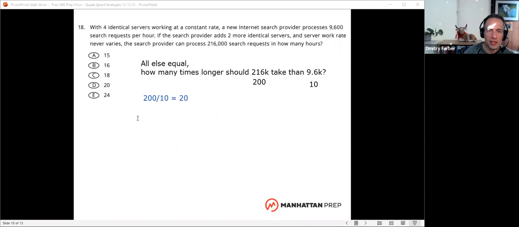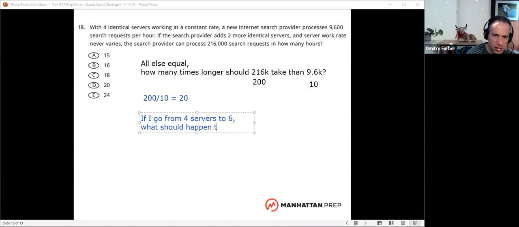So now what's happening to the server, right? If I go from 4 servers to 6, what should happen to my time? Should my answer be more or less than 20? Well, from a lot of your answers, I'm figuring you're thinking less, right?